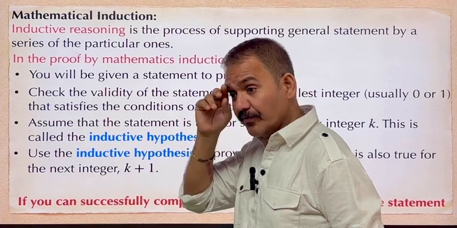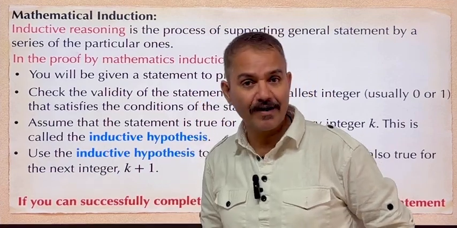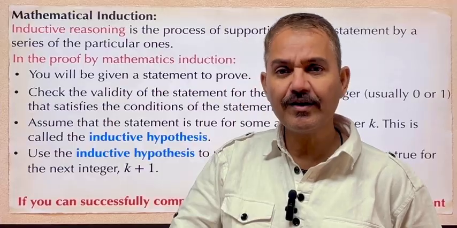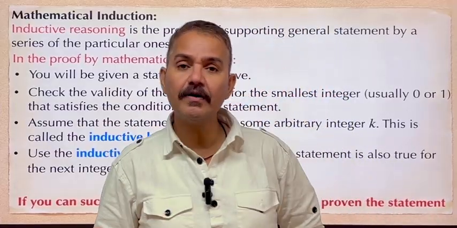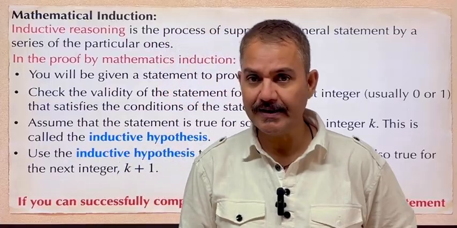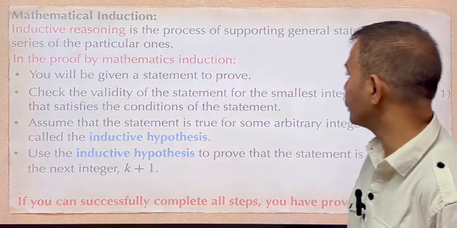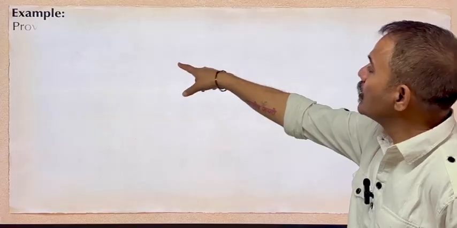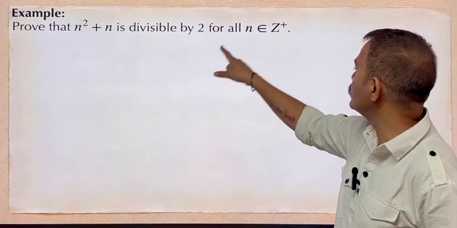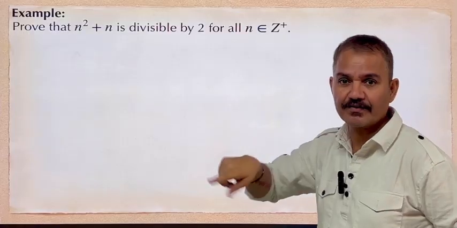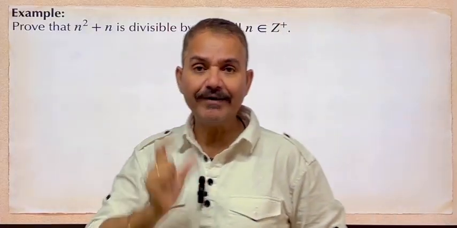Now, before we continue further, let's have a look at an example. It will make your thinking more relevant in case of mathematical induction. So have a look at this example. Prove that n squared plus n is always divisible by 2 for n belonging to Z plus, meaning for all positive integers.